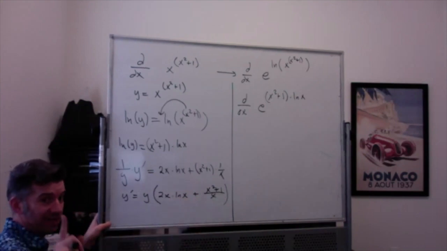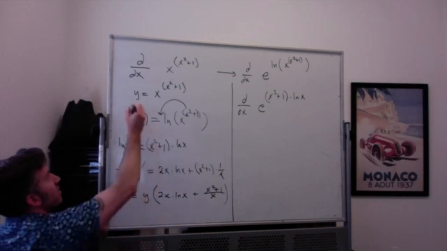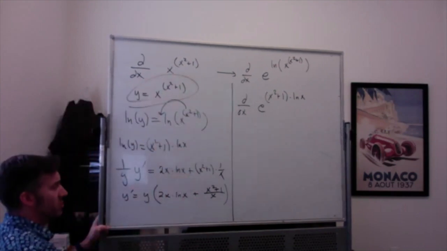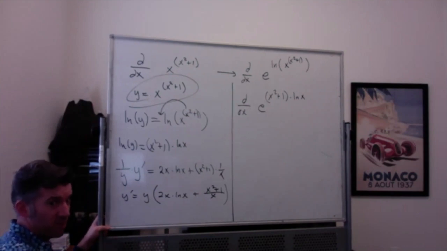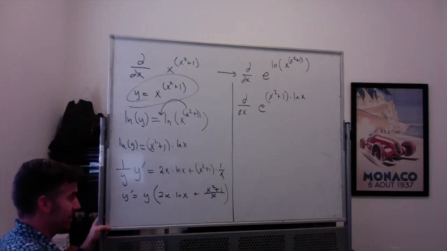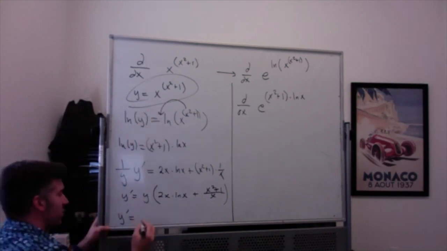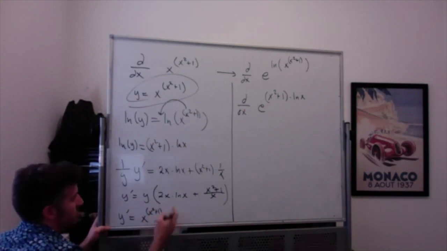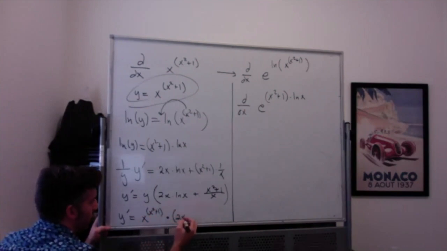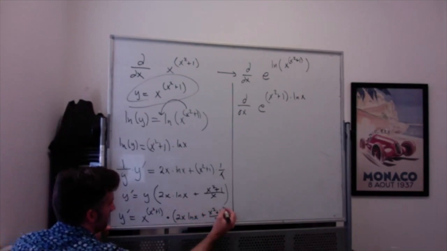And then finally, and this last part is necessary, you have to replace y with what it's equal to in terms of x. Because if your function started off as a function of x, your derivative should be able to be written in terms of just x with no y's in it. So my final derivative here is x to the x squared plus 1 times all that: 2x natural log of x plus x squared plus 1 over x.